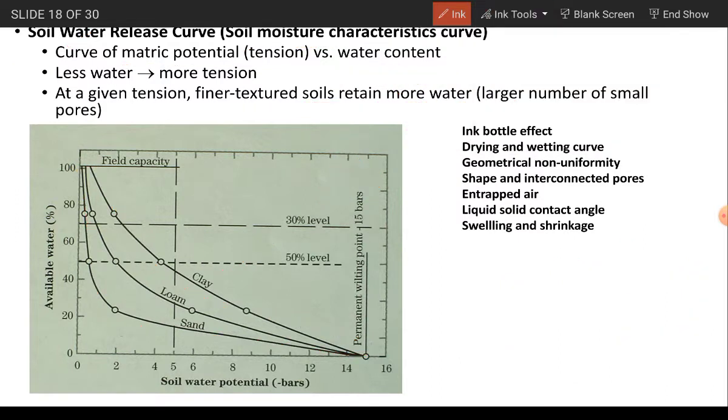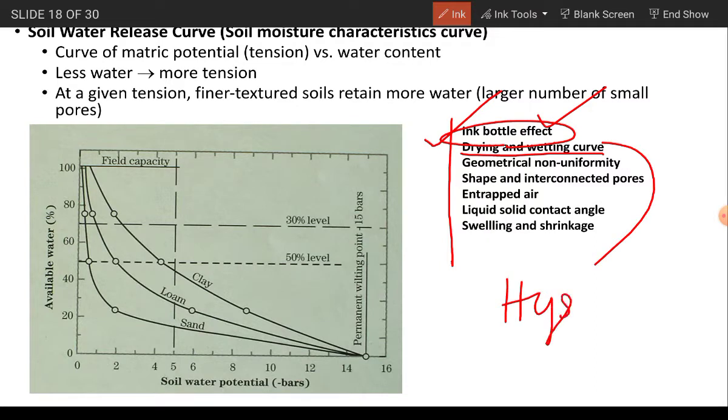Why does this happen? In the soil moisture characteristics curve, there is something called the ink bottle effect. Due to drying and wetting curves, there is formation of hysteresis.